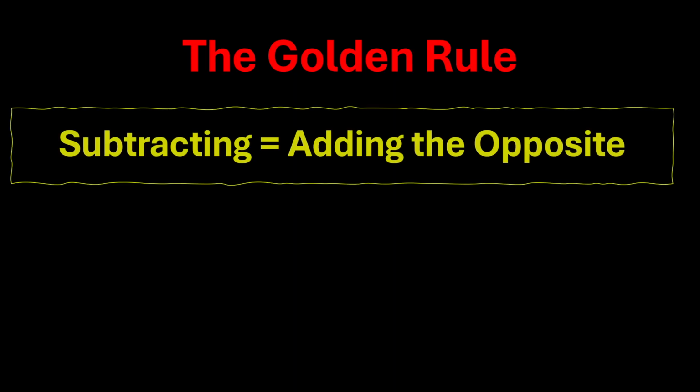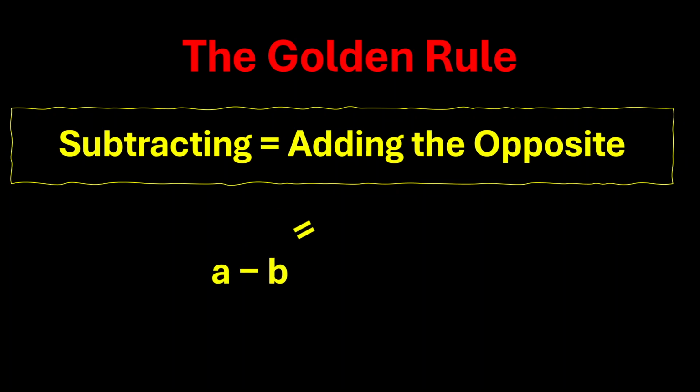Now, let's use the golden rule. What is the golden rule? The golden rule is like that: subtracting is adding the opposite. Simple, right?